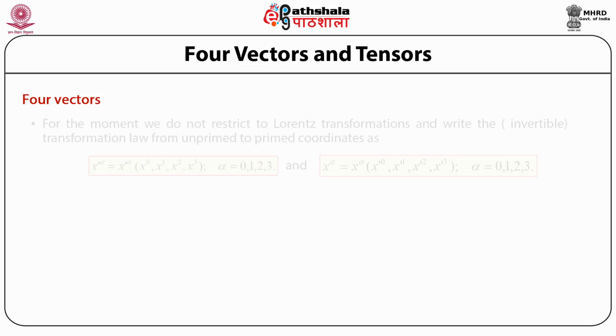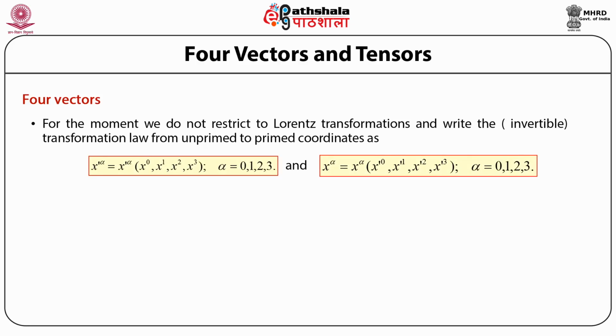Now, let us for the moment not restrict ourselves to Lorentz transformations and write the invertible transformation law from unprimed to primed coordinates as x prime superscript alpha is equal to x prime superscript alpha as a function of the coordinates x superscript 0, x superscript 1, x superscript 2 and x superscript 3, where alpha takes the values 0, 1, 2 and 3.